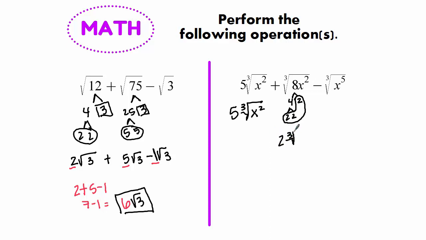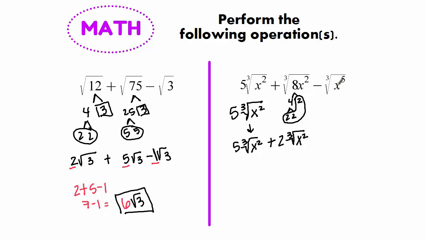And then that x squared, again, cannot be simplified, so it stays inside. And this addition sign comes down, and then I just drop the first one down as well. So right now I know these first 2 are good because they both have the same index and the same radicand. So I'm just going to check this last one.